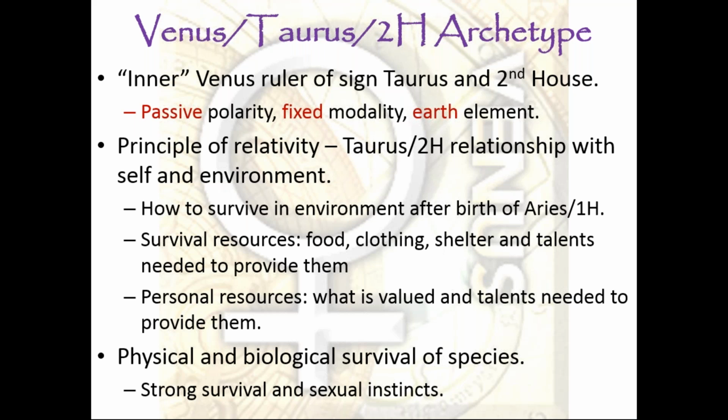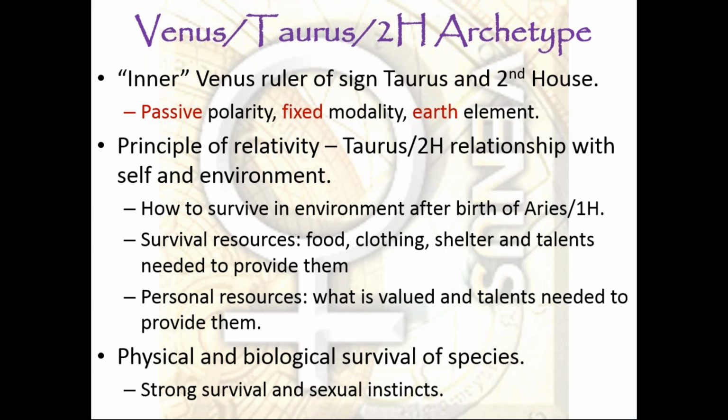A little more on this later, but Venus and the Taurus second house side is also the broad physical and biological survival of the species. So this is where the Taurus second house comes in with strong survival instincts and strong sexual instincts.